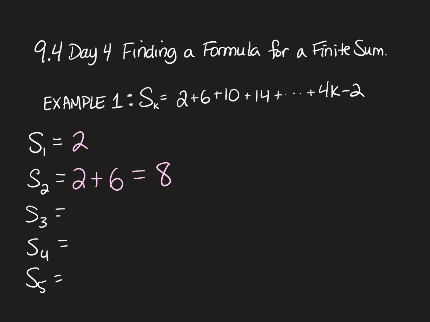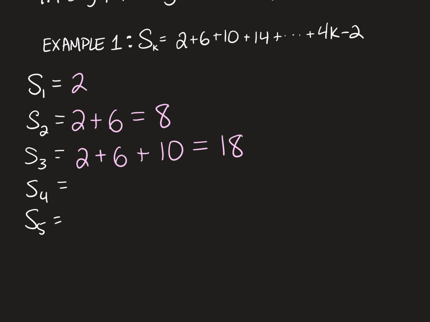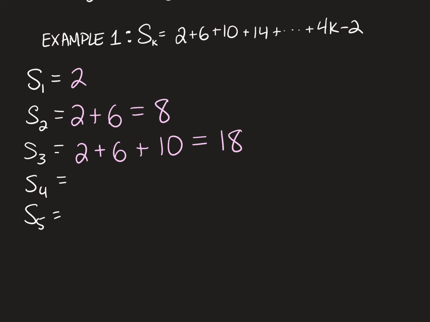The sum of the first 3 is 2 plus 6 plus 10, which is 18. And then the sum of the first 4 terms, 2 plus 6 plus 10 plus 14, is 32.